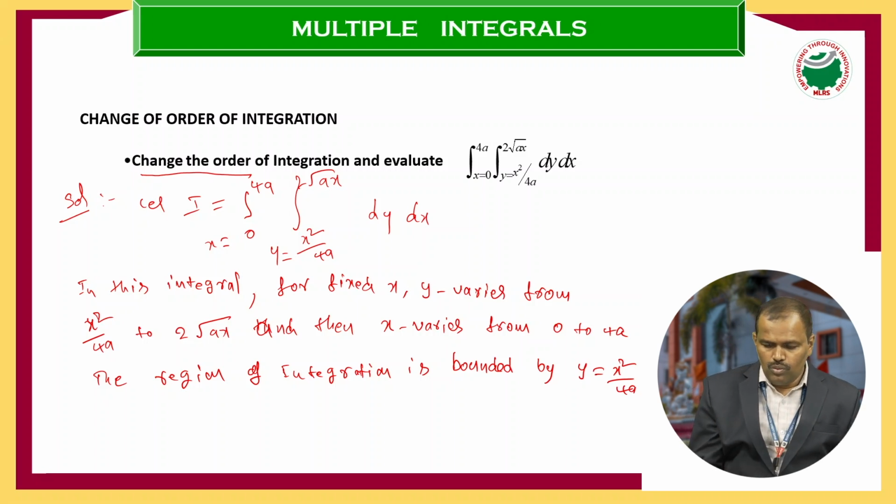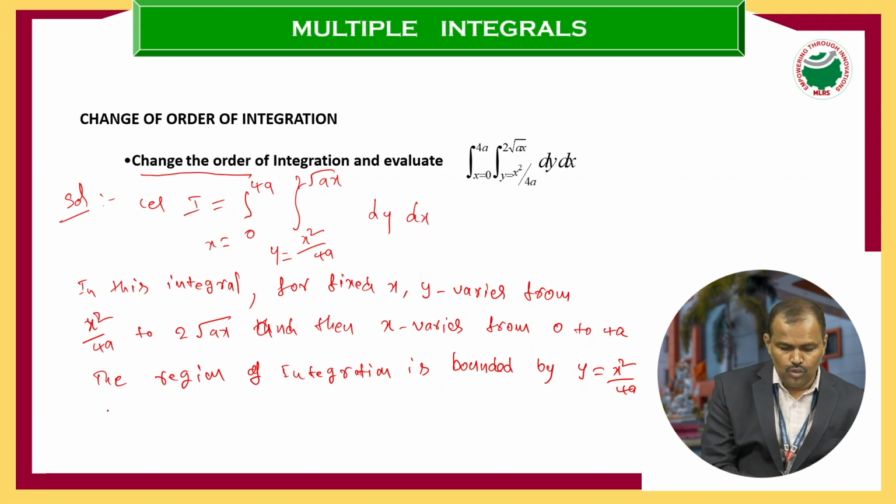Y is equal to x square by 4a represents a parabola, that is, x square is equal to 4ay.